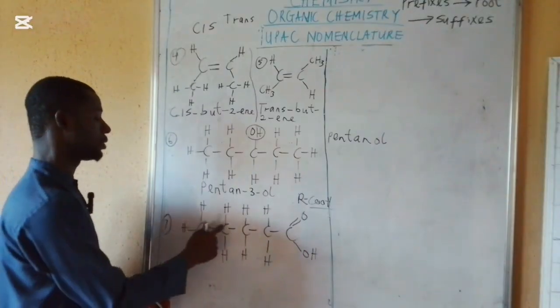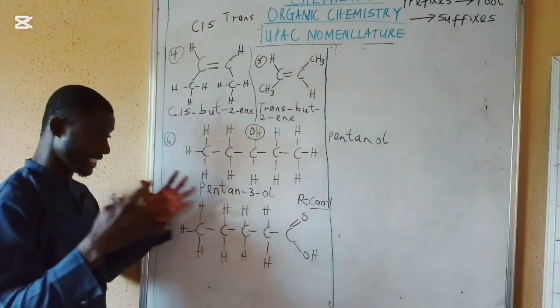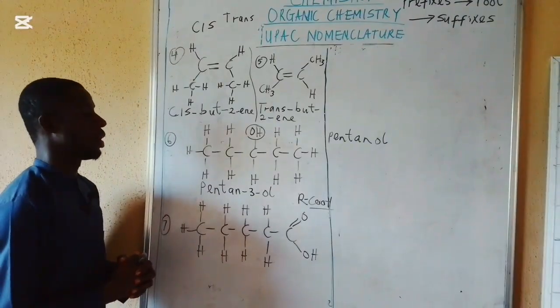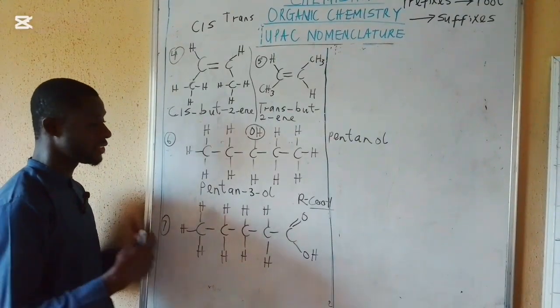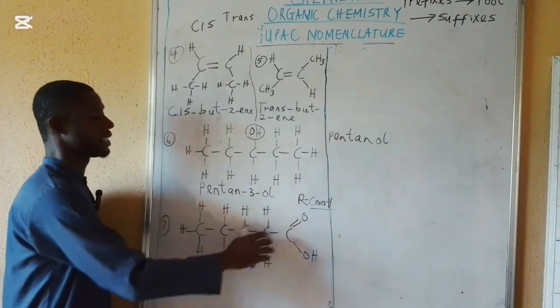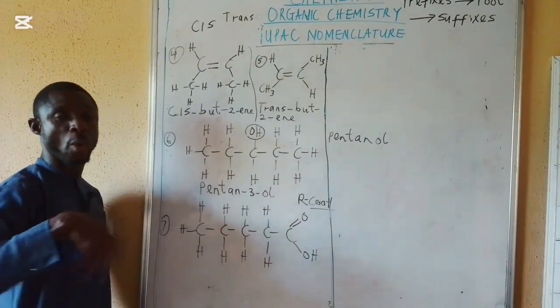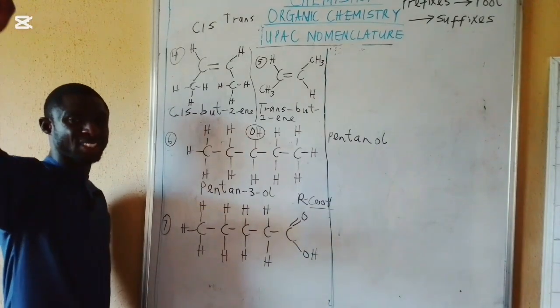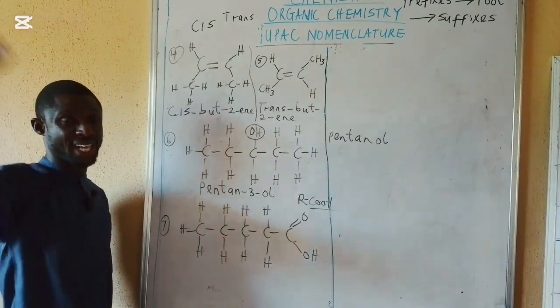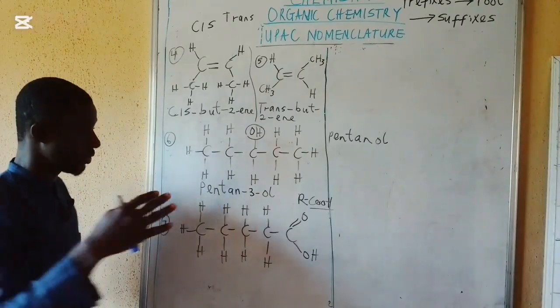So let's count the longest continuous carbon chain. We have 1, 2, 3, 4, 5. That is pent. And this is formed when the E in an alkane is lost. Normally, if it's H that is here, it should be pentane. So we remove the E and we add the suffix of the functional group that replaces the H that was lost.